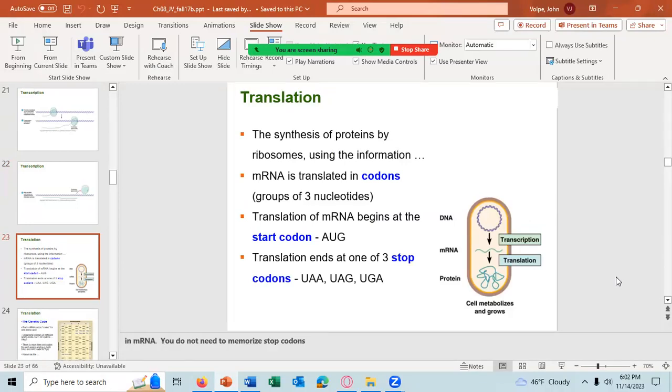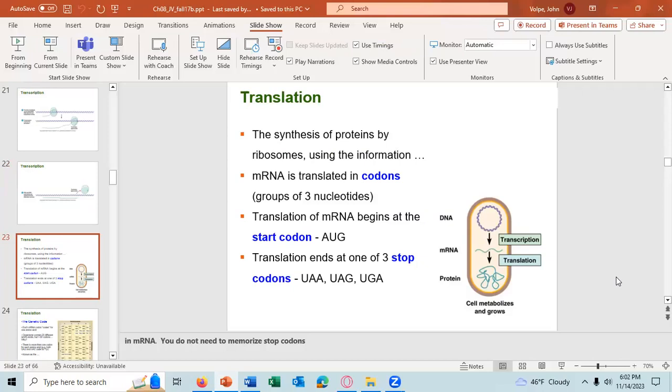Protein translation is the synthesis of proteins by ribosomes using the information in the messenger RNA. Now, if the gene codes for a protein, it will be transcribed as messenger RNA.